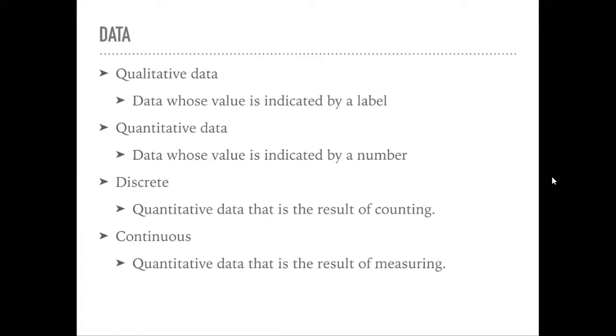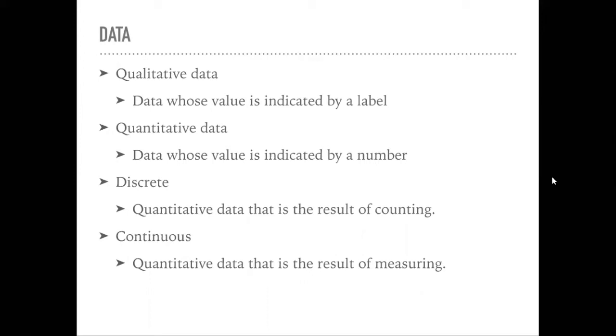So some examples of what discrete or continuous data could be. With discrete data, since you're thinking counting, you could think of the number of text messages that you sent in a month. You would have to count to find that out, or your cell phone company counts to find out how many text messages you've sent in a month.